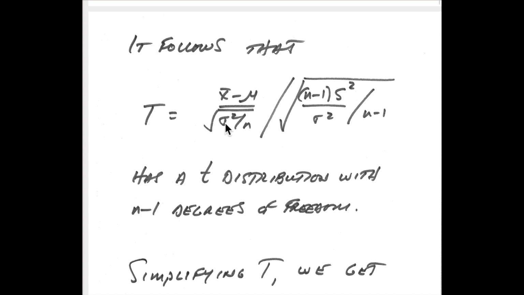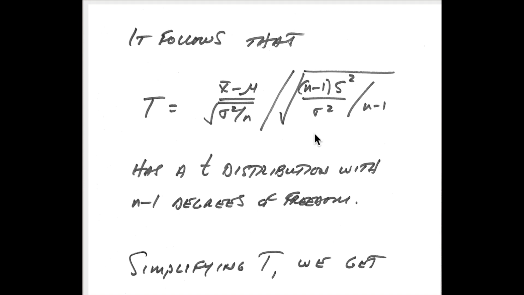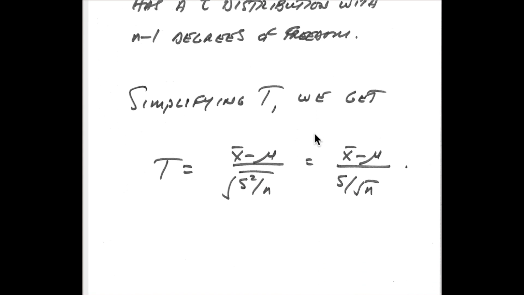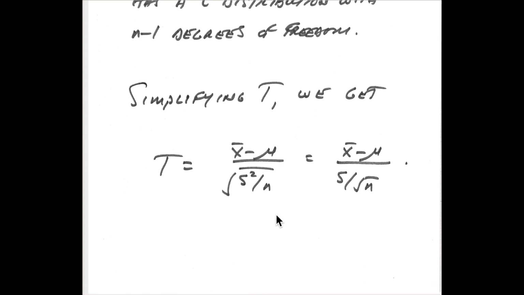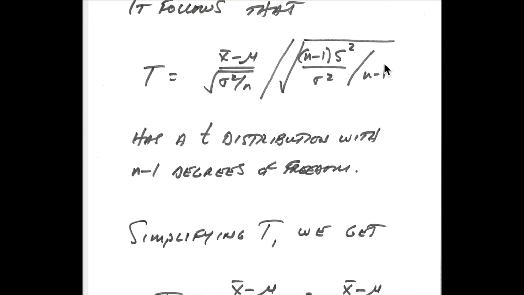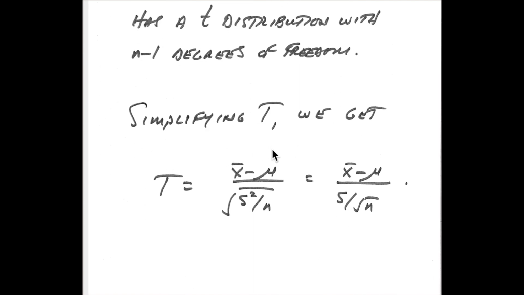Then, and this may be harder to see, we have a sigma squared underneath this square root sign and a sigma squared underneath this square root sign. We're going to be able to cancel those out. And so what we're left with is this expression here. If you do the cancellation correctly, you get t being equal to x bar minus mu over the square root of s squared over n.